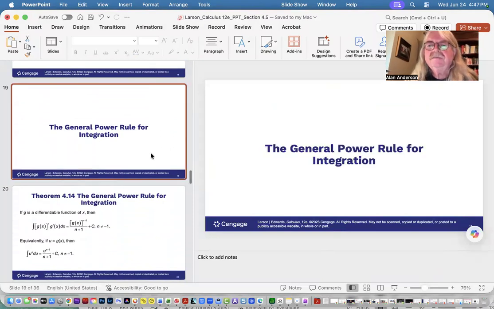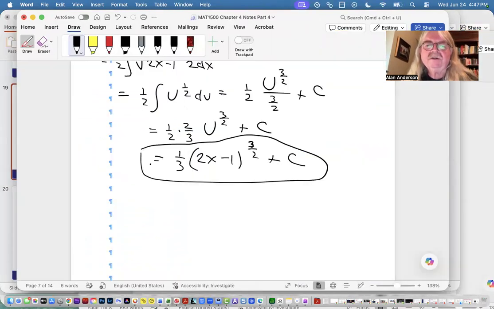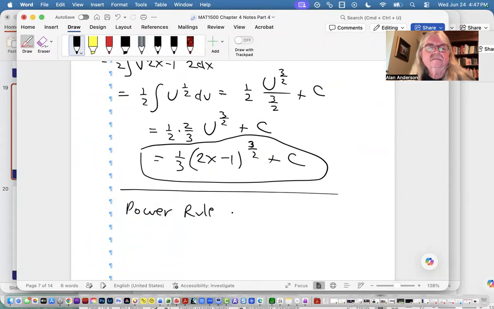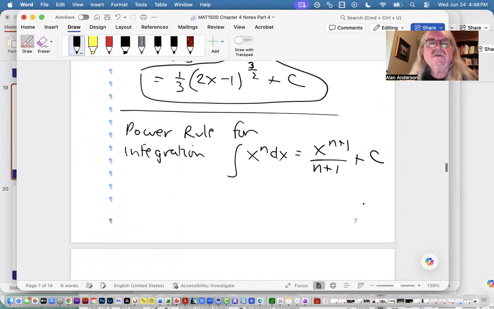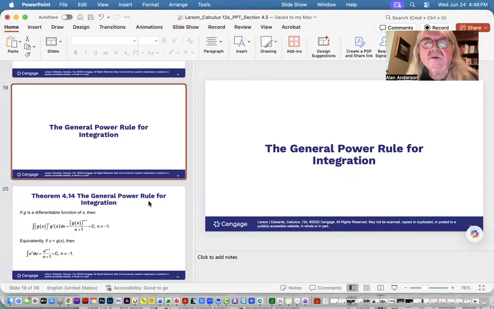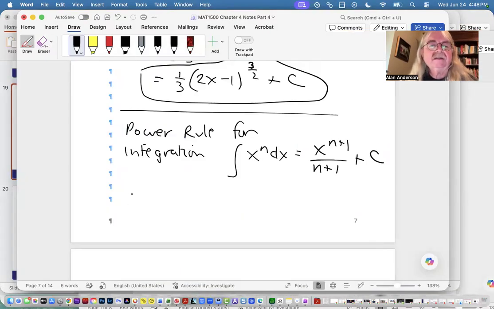Now, we know the power rule for integration, which is, but now they're going to introduce what they're going to call the general power rule, which is a little bit more complicated.